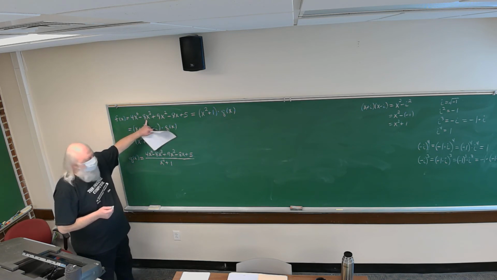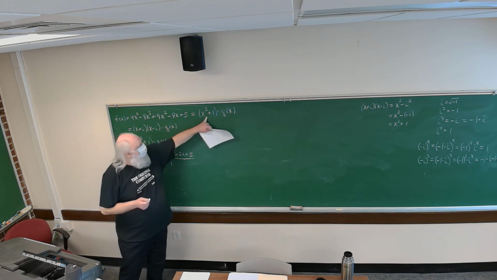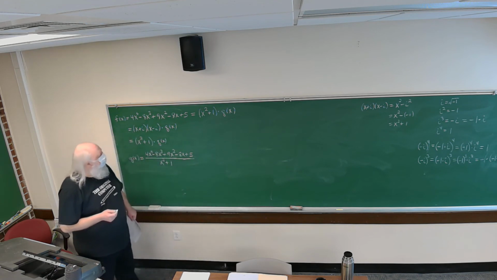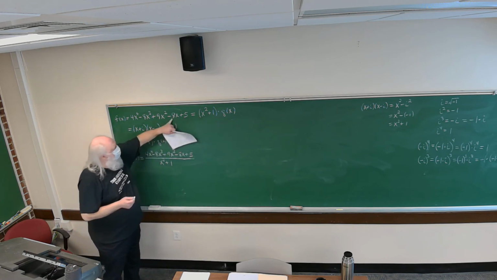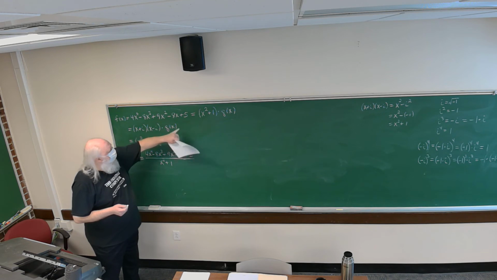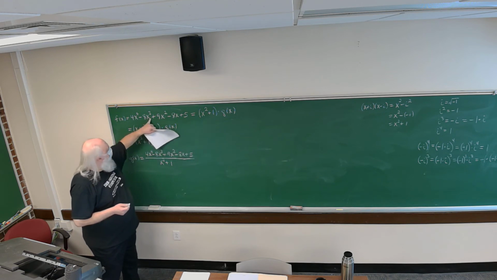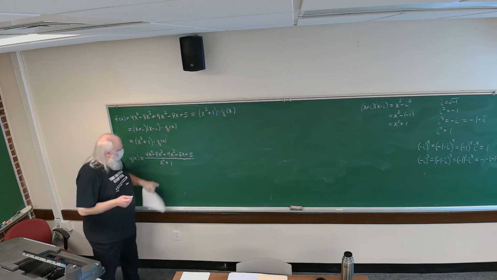So q of x is equal to the 4th degree polynomial divided by x squared plus 1.